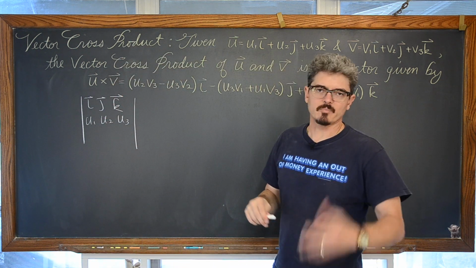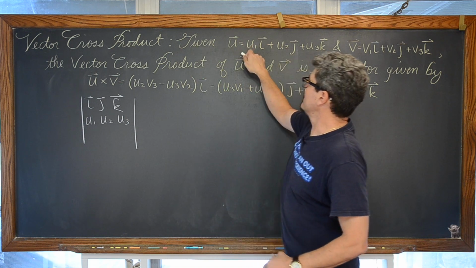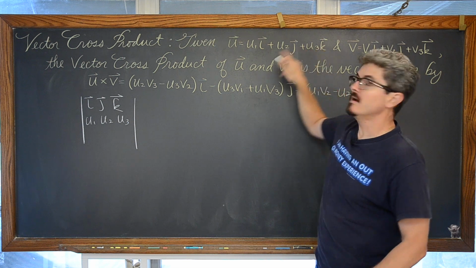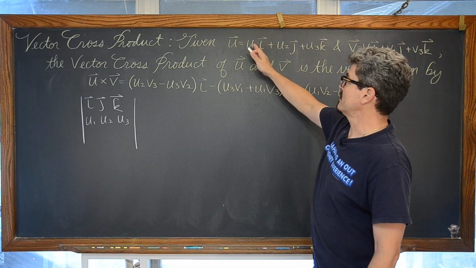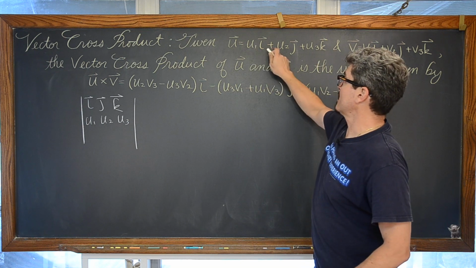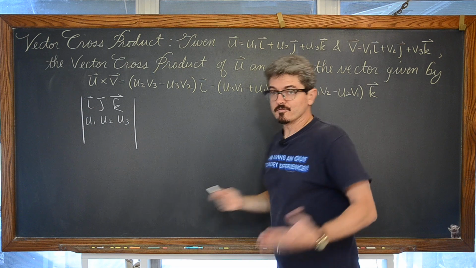And your book may be using something like a times vector i plus b times vector j plus c times vector k. The textbook I'm working from does subscripts of u sub 1, u sub 2, u sub 3, which is nice because it tells you that you're talking about the components of vector u and the components of vector v.